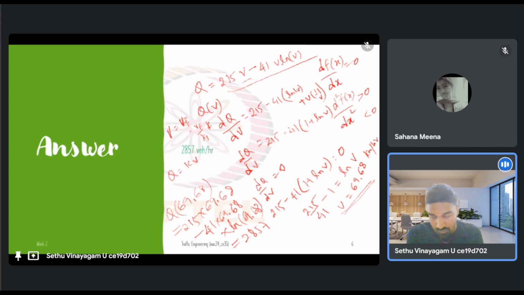So we plug this V back into this equation to get the Q-K relationship, and then we differentiate Q with respect to K to find out where the maximum flow occurs, the critical density. And if you use the V-K relationship, plug K here and differentiate with respect to V, you'll find the maximum speed corresponding to the maximum flow. So that's how we find it in the other models as well.